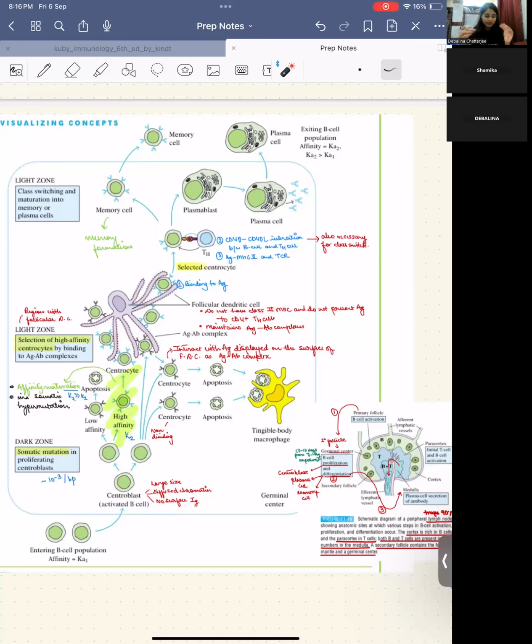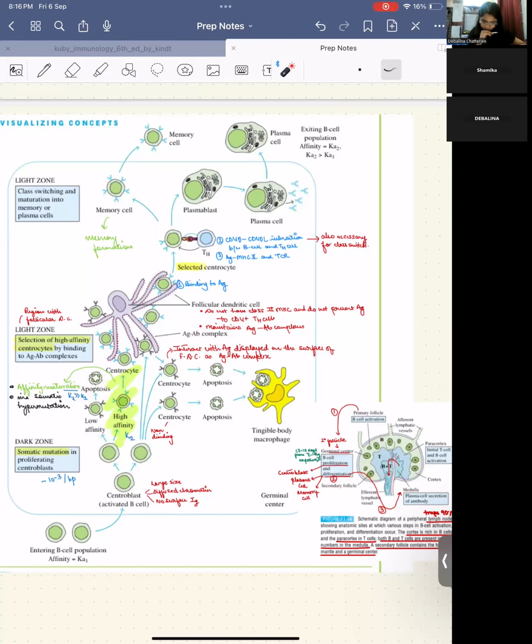In the context of lymphocytes, it can also undergo a lot of rearrangement. After the rearrangement is done, there can be somatic mutations, and because of somatic mutation, the process of affinity maturation can also happen. But affinity to what? Affinity to this antigen interaction that is happening. So there is selection for high affinity centrocytes, and if the affinity is low, it is taken for cell death.